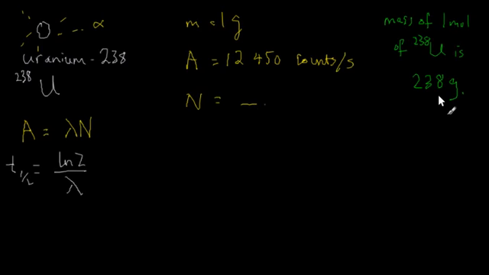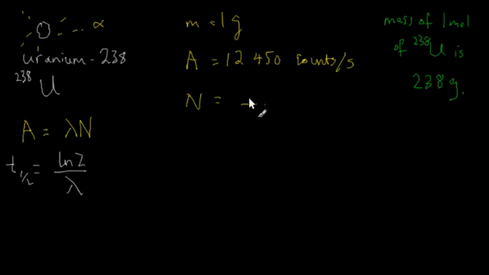So if the mass of 1 mole is 238 grams, and we have 1 gram of it, this means that we can find the number of moles.